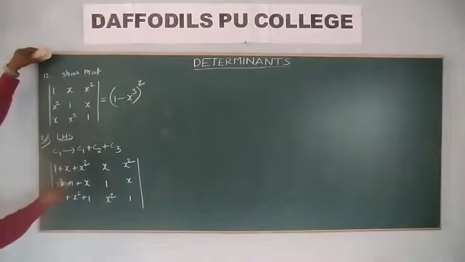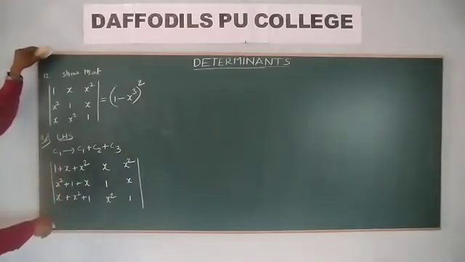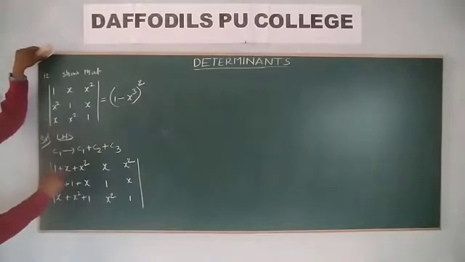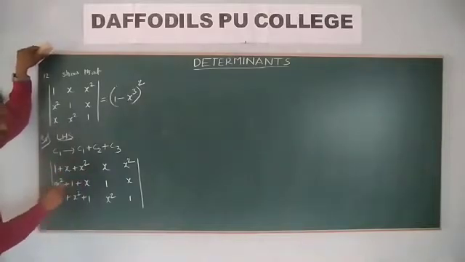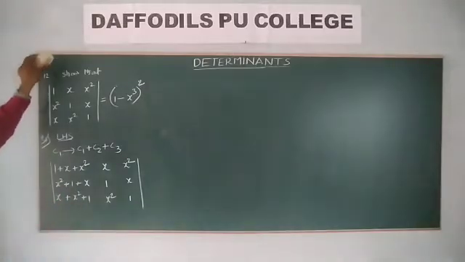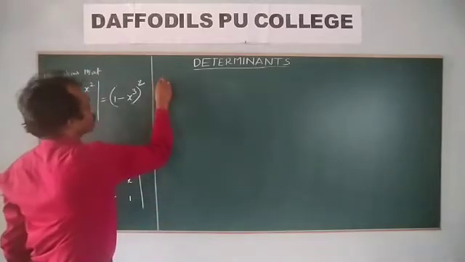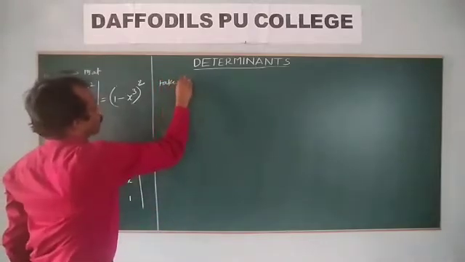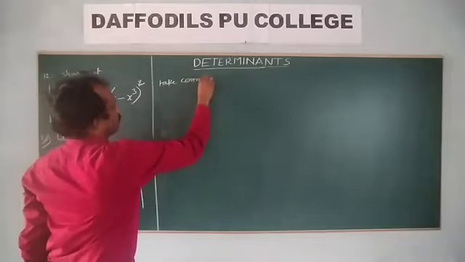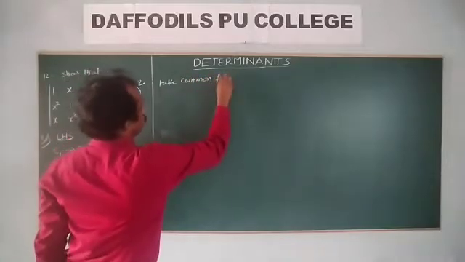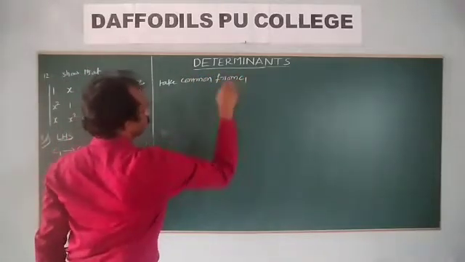So in the first column, what is the common term? In all elements of the first column, 1 plus x plus x square is the same. So take it common from C1.